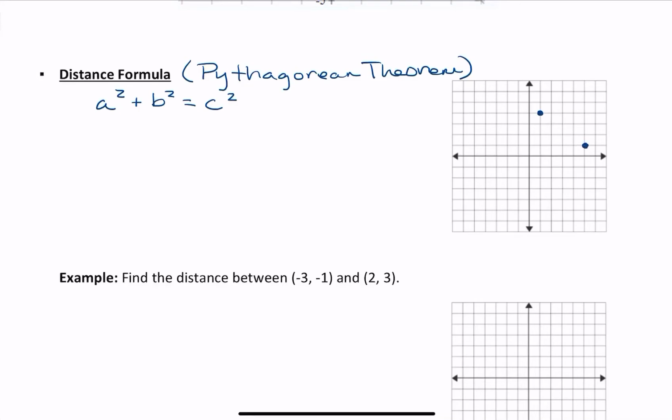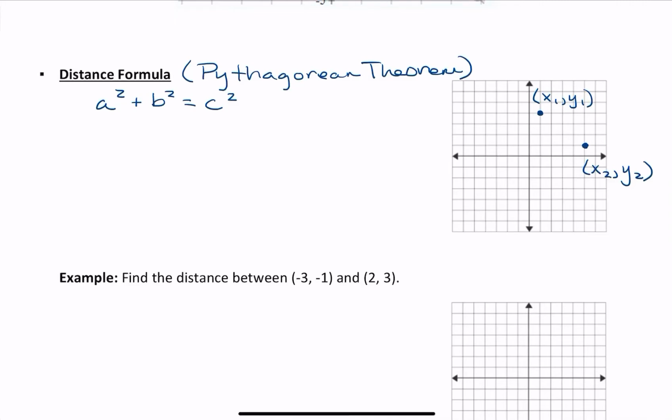They can be points anywhere on the graph. And since they can be anywhere, I'm just going to label them x1, y1, and x2, y2. I don't want to put specific coordinates there because this works for any 2 points.